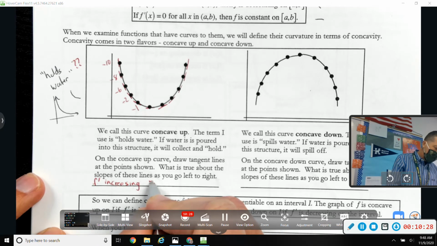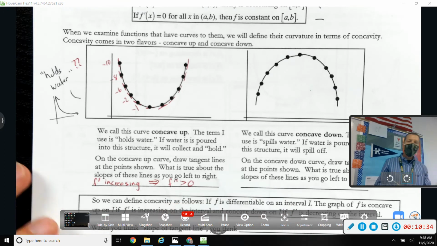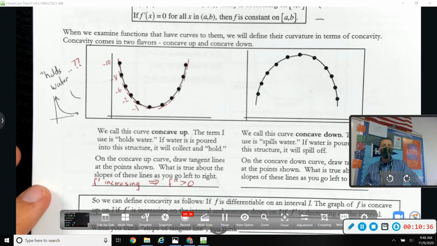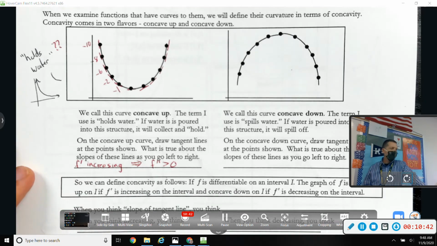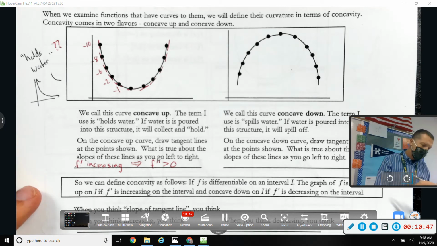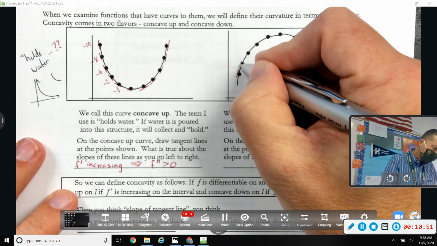So we've got the derivative of a derivative. So the second derivative is positive. And that's what it means to be concave up. F prime is increasing. All right, do the same thing on the concave down curve.